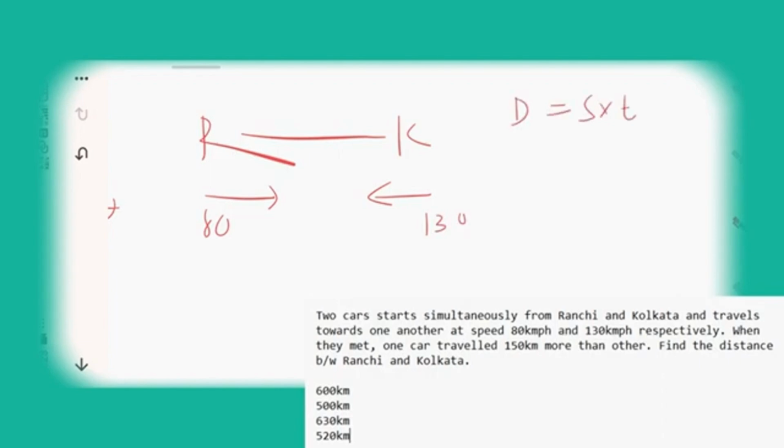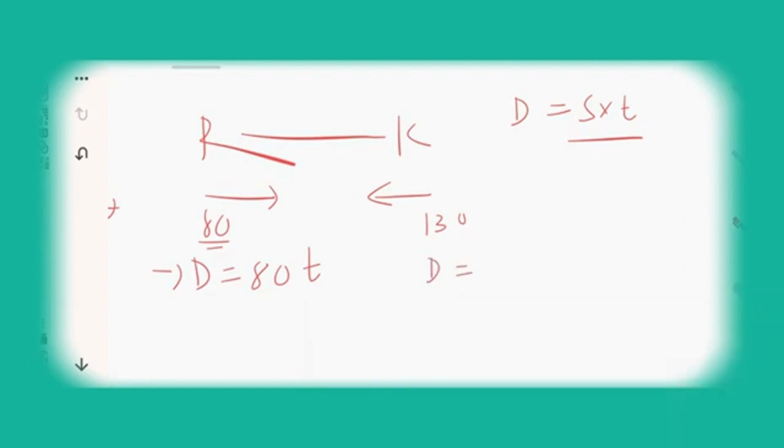So this car covered distance equal to 80 t, where 80 is the speed and t is the time. We don't know the time and we don't know the total distance, but for the other car the distance it covered is 130 km per hour multiplied by t, so 130 t kilometers.